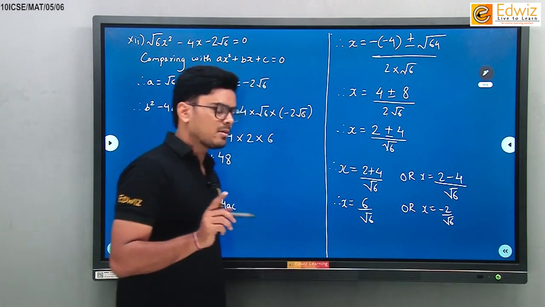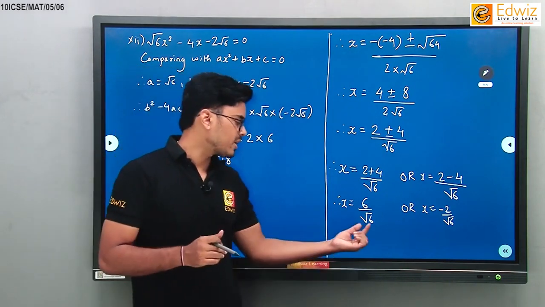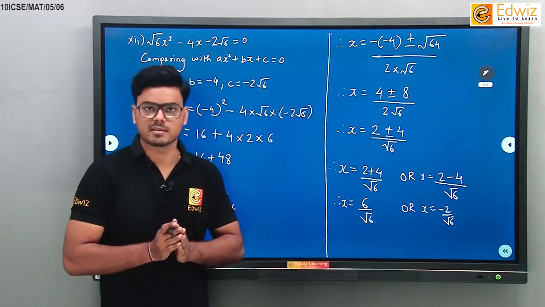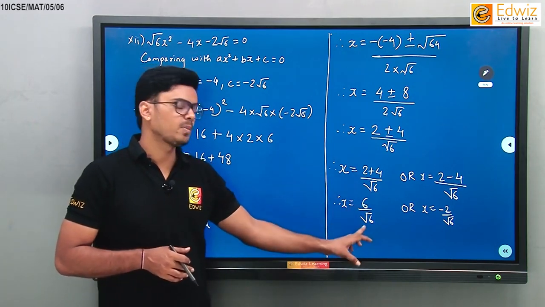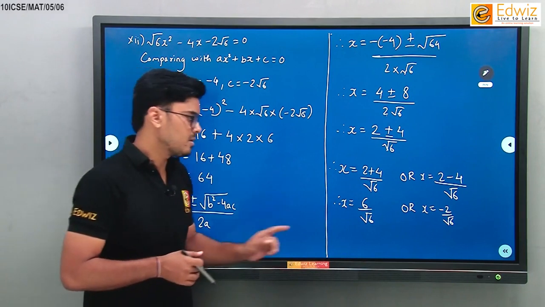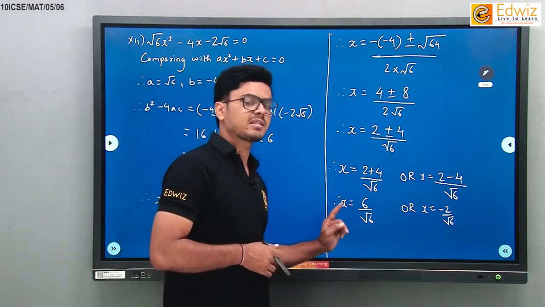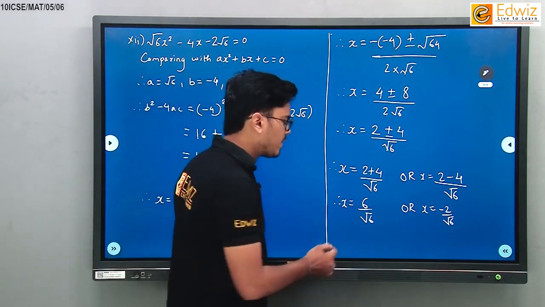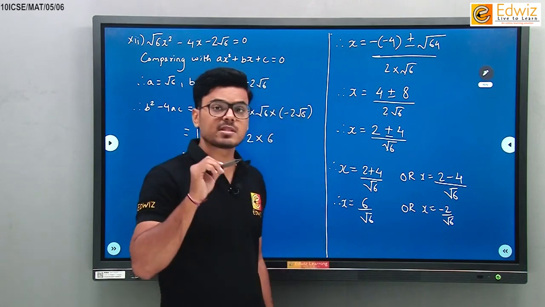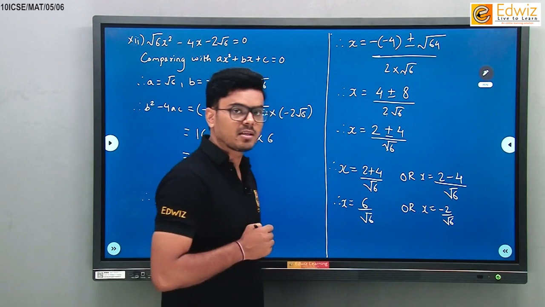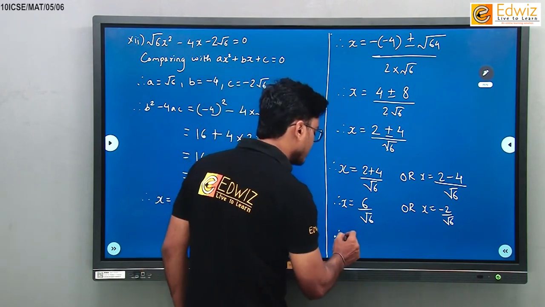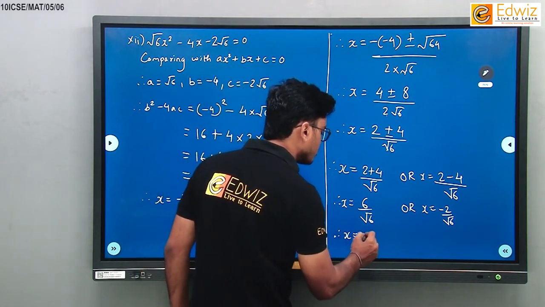Okay, but remember, normally in standard form we never keep the denominator irrational. Okay, an irrational number in the numerator is okay, but the denominator should never be irrational. So what we will do here is rationalize the denominator. But 6 can be written as root 6 into root 6, correct? So 1 root 6 will get cancelled with the denominator. X will be equal to just root 6.